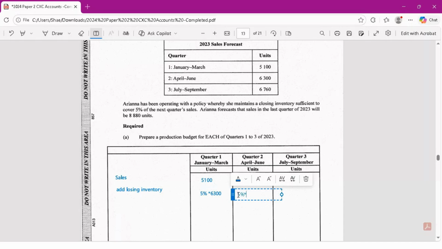So that's 6,760. And in the third quarter, the next quarter would have been October to December. Now notice that the sales was given for that quarter down here where it says Ariana forecasts that sales in the last quarter is 8,880. So that's why we need that statement.